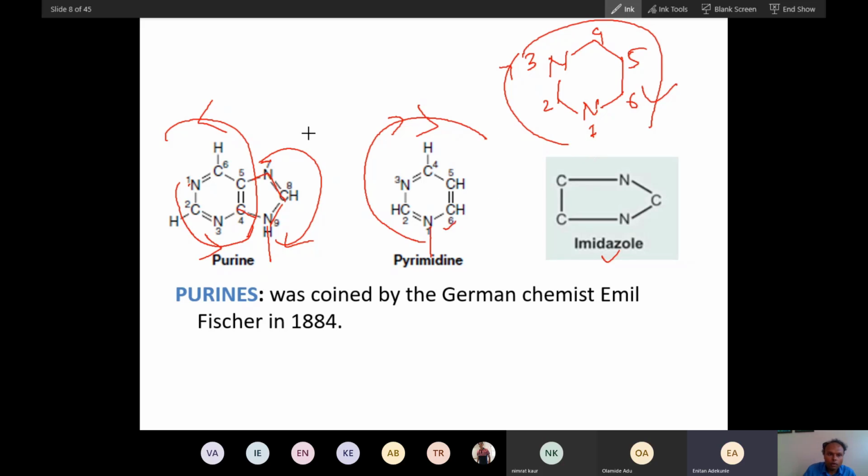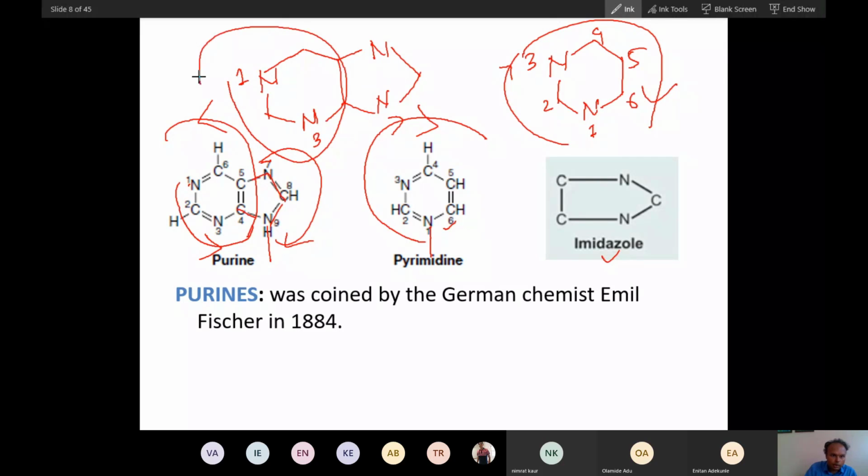And for purine, we give the nomenclature like this. First we give number 1 to this, then 3 to this. Then we give the numbering to this half ring, and the other half ring will be clockwise again: 7, 8, 9.